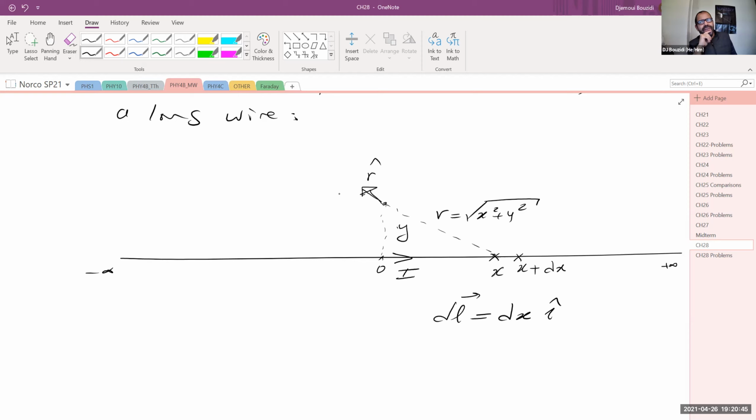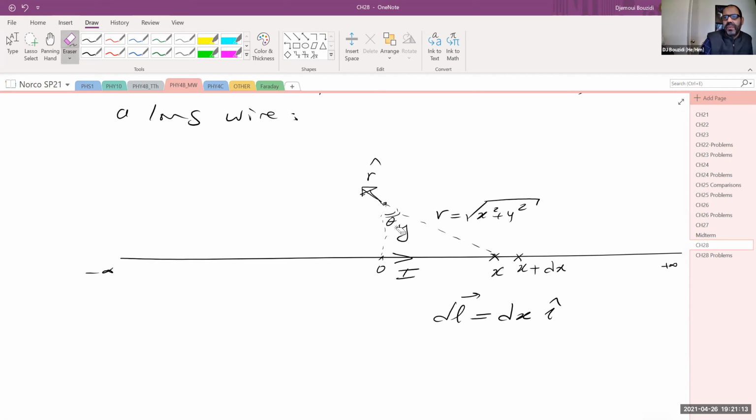We want to find the magnetic field in that direction. So you can clearly see, and I'm going to make the case for it, this is I hat, this is r hat. The unit vector r hat has two components, and I'm going to call this angle theta.